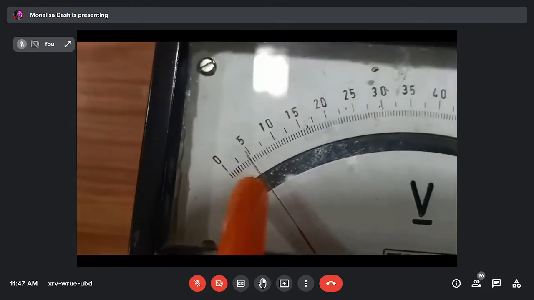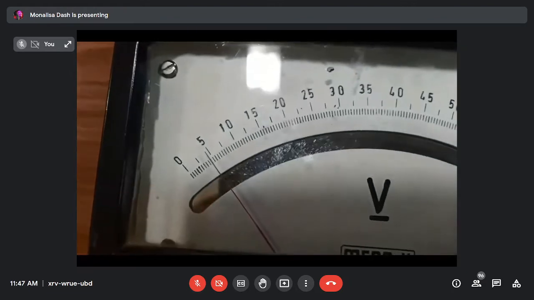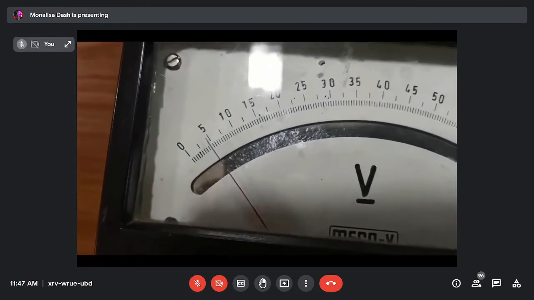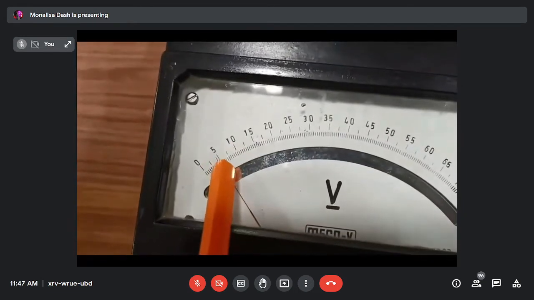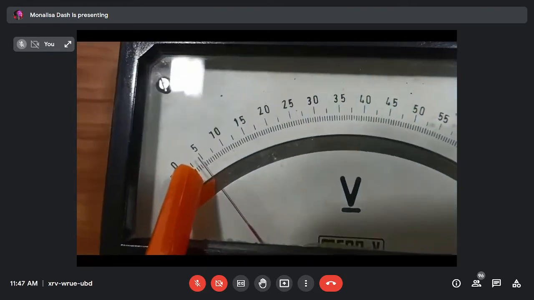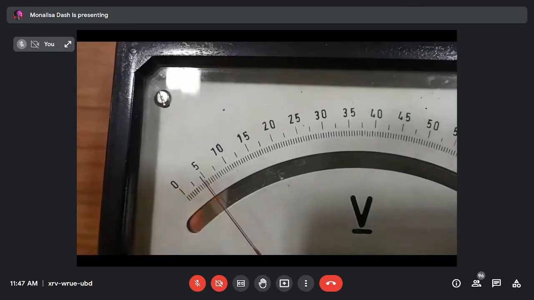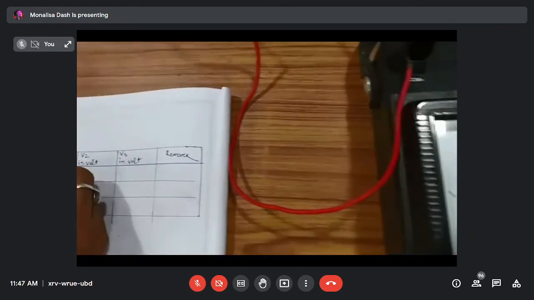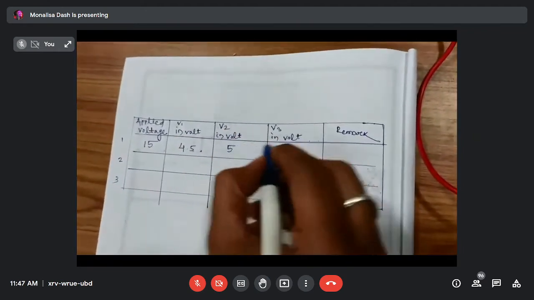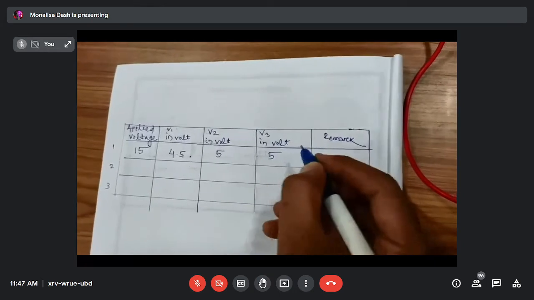There is mirror deflection, that's why you see 4.5, but it is 5. And this is also 5. First one, second one is 5, and third one is also 5.